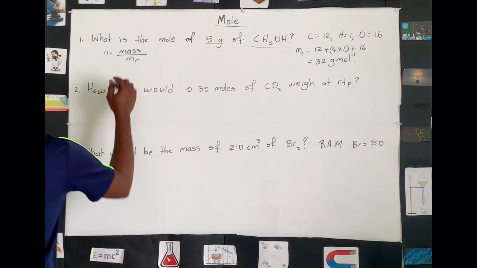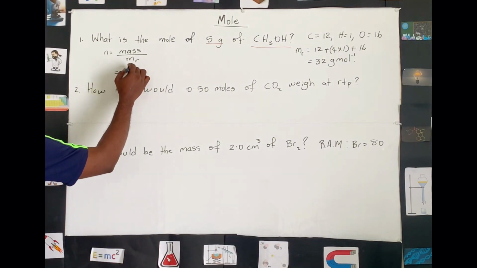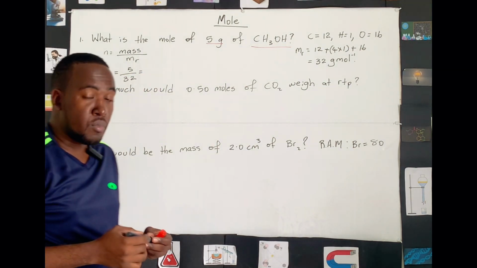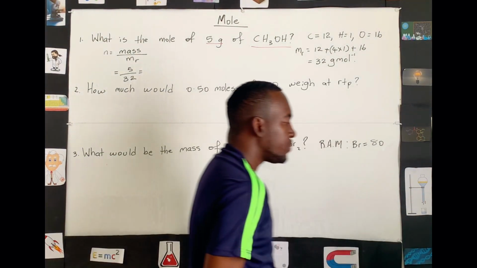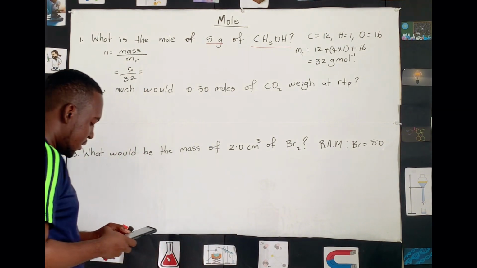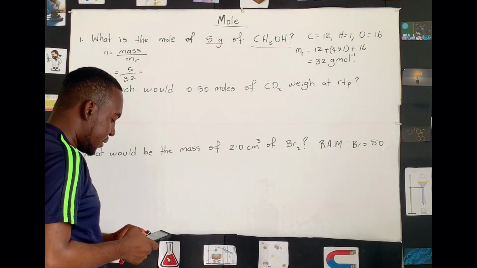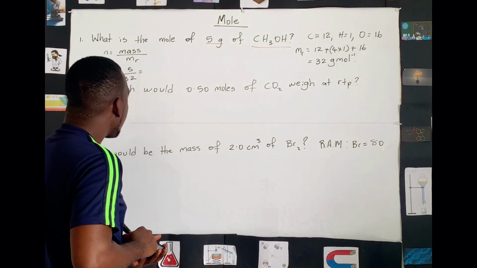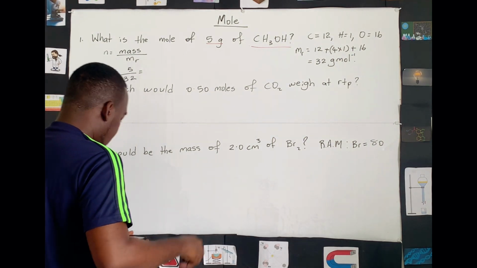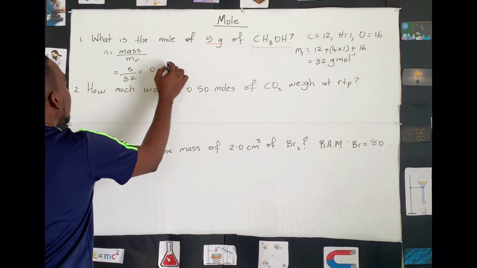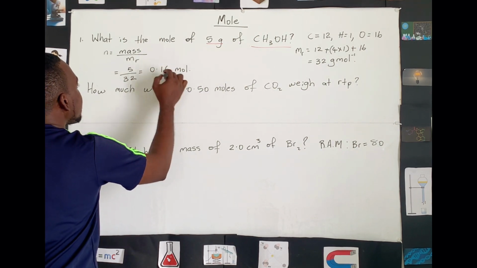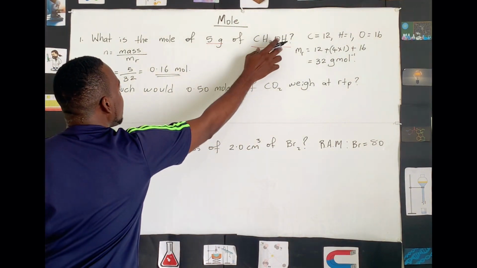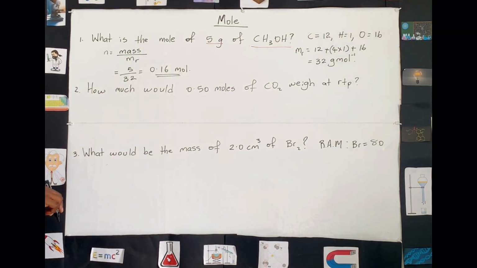Therefore, we will divide the mass, 5, by 32 to give us the mole of this substance. When we put that in our calculator, we get 0.16 mole. So this is the amount of mole of 5 grams of this compound.